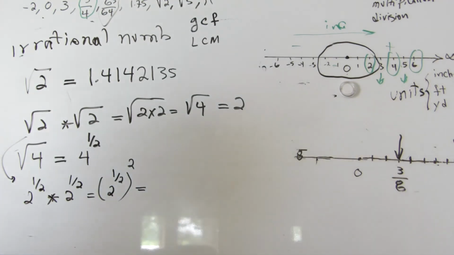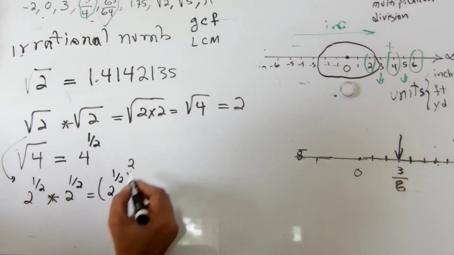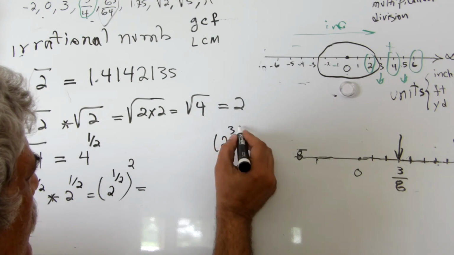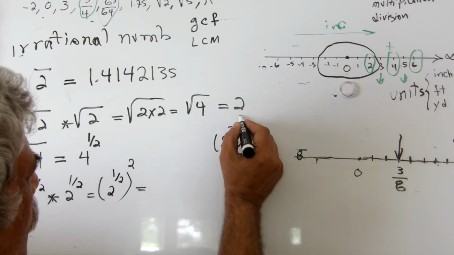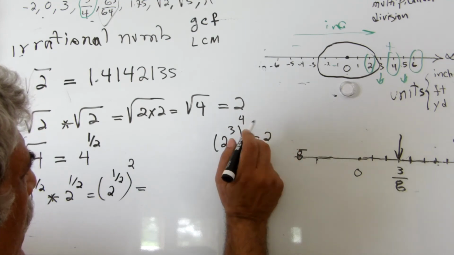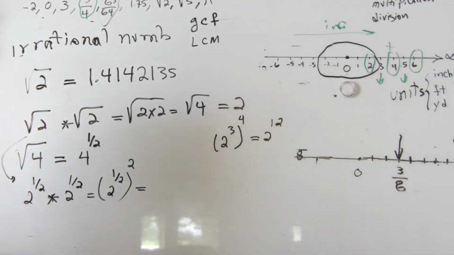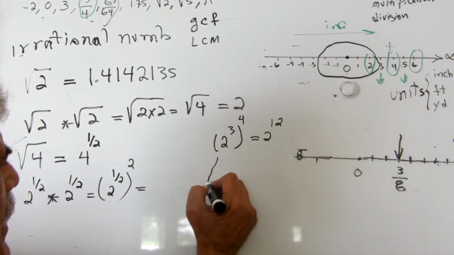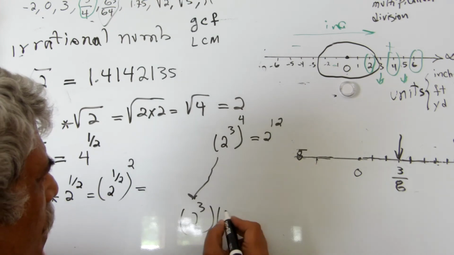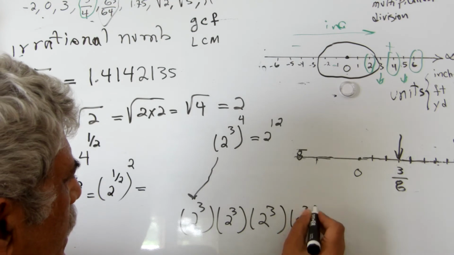I'm going to tell you what happens when you raise a number to a power, like 2 to the power of 3 to the power of 4. This exponent here is going to be multiplied by 3. It's going to be 2 to the power of 12. It means 2 to the power of 3 is getting multiplied 4 times: 2 to the power of 3, 2 to the power of 3, 2 to the power of 3.